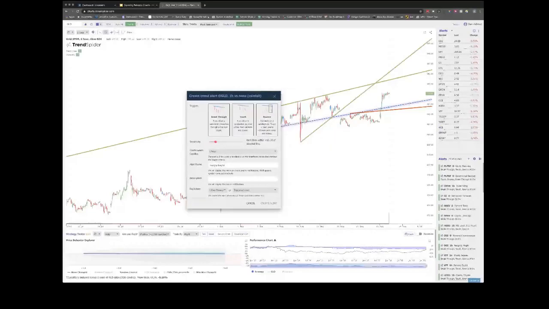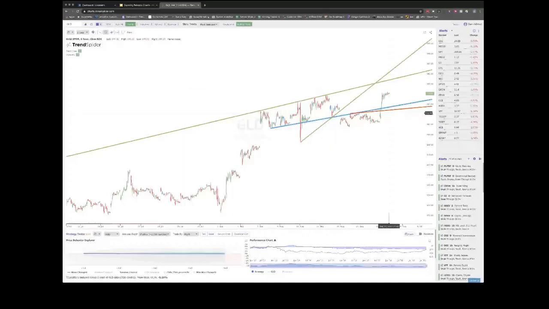So you can create alerts on blue raindrops. So you can say, let me know when it pulls back here. Let me know when there's a blue raindrop that forms here, right? And then you have an intraday opportunity on the bounce up that you could play. And if you saw it pull back here and a blue raindrop forms, that might give you a swing opportunity or intraday or whatever.